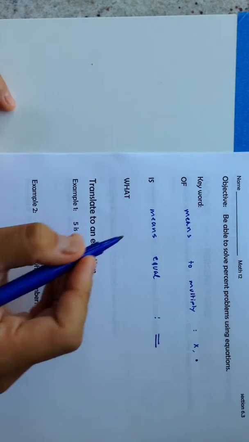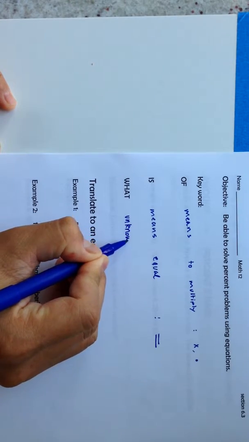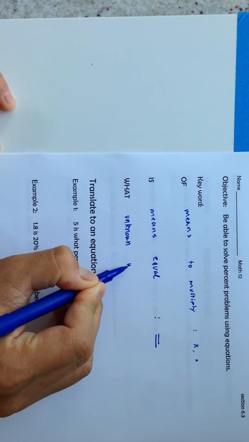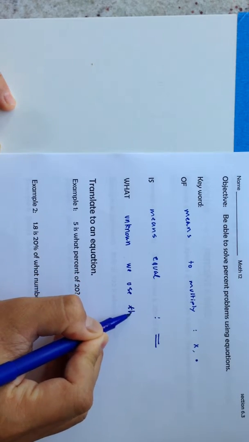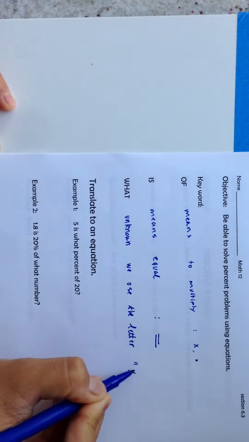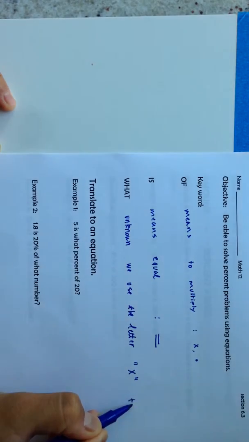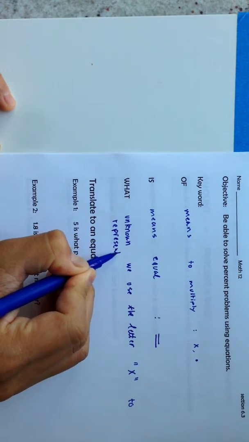And the word "what" is kind of like your unknown, the thing that you're trying to find out. We use the letter X to represent our unknown.